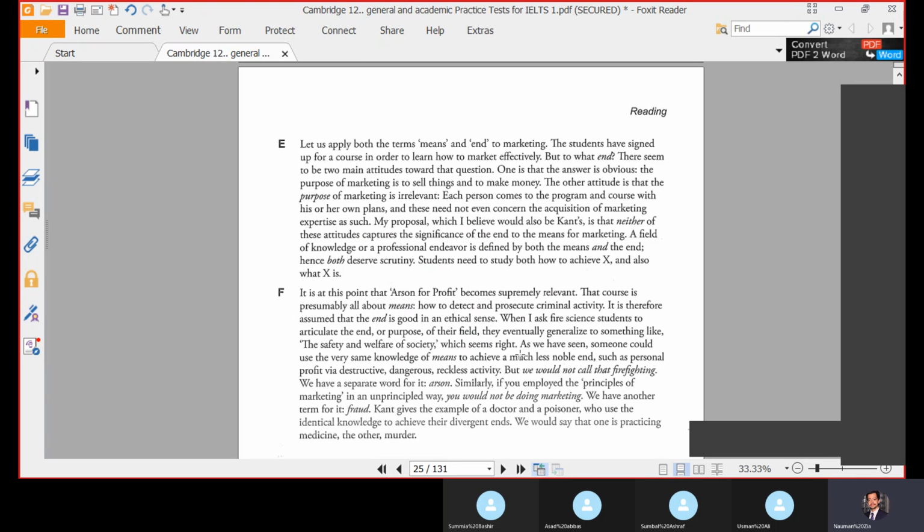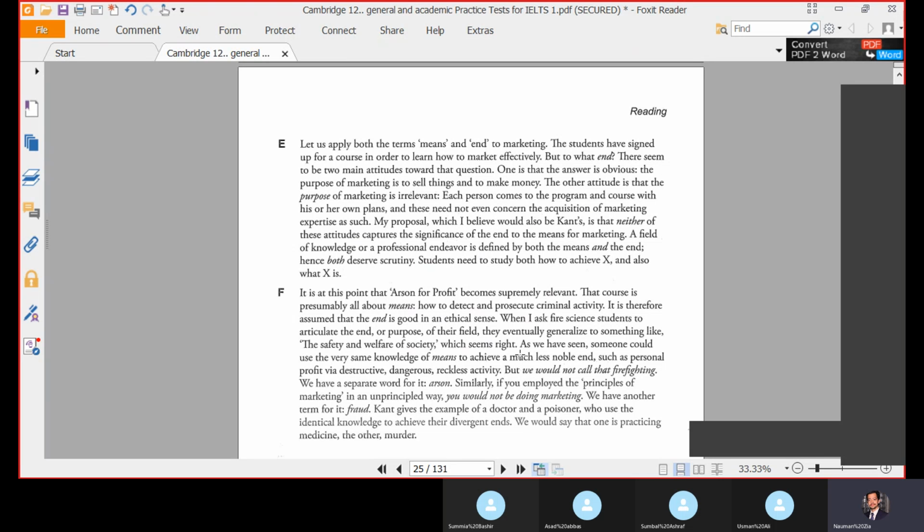that action for profit becomes supremely relevant. Presumably that course is all about how to detect and prosecute criminal activity. It is therefore assumed that the end is good in an ethical sense.